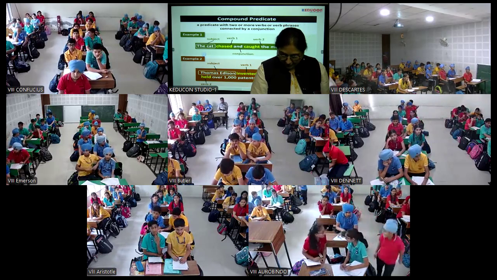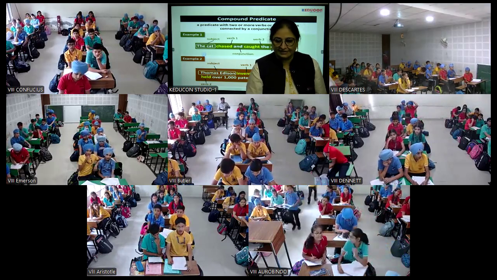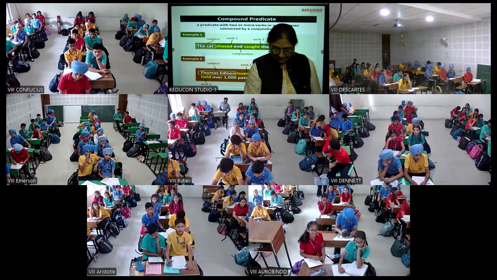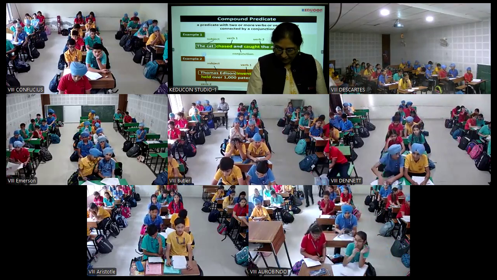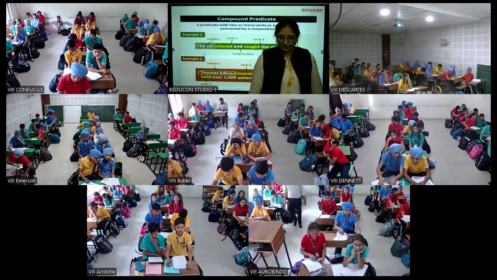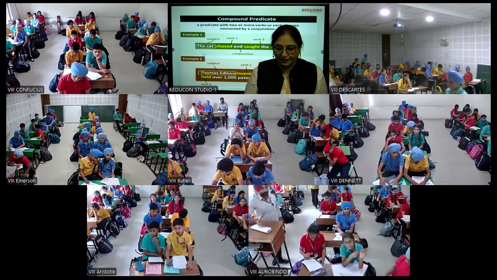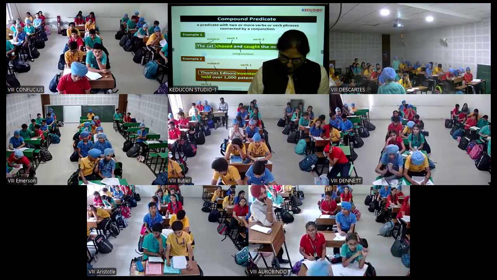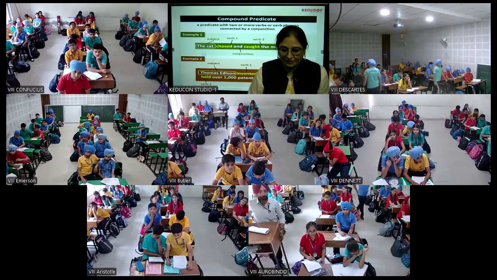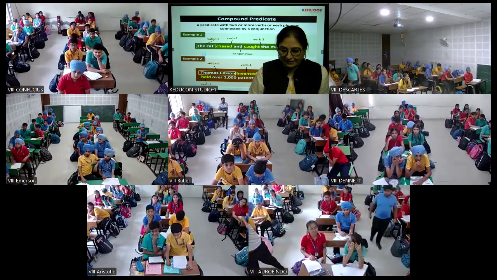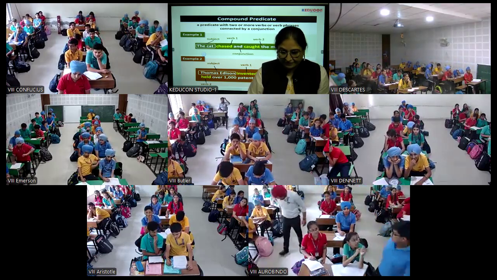Very good. I want you to do the fifth and sixth sentences. Very easy. Janya and Manya are twins. What does it have? Compound subject, compound predicate. Yes. What does it have?